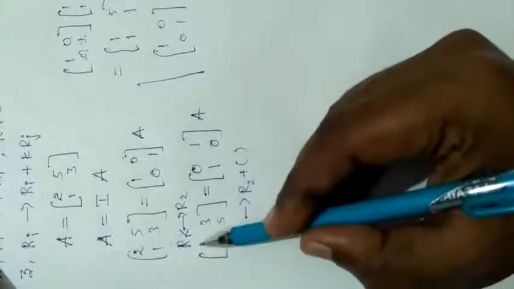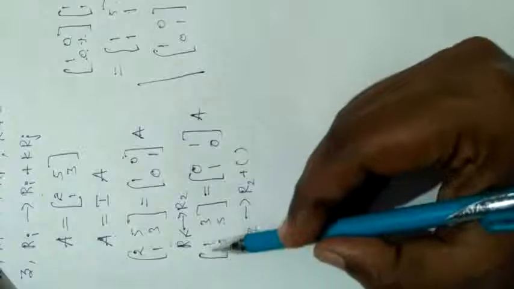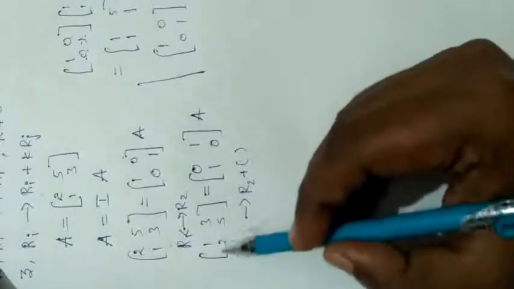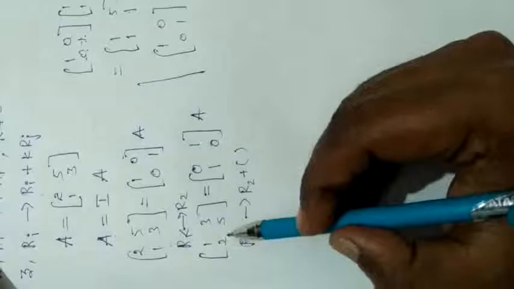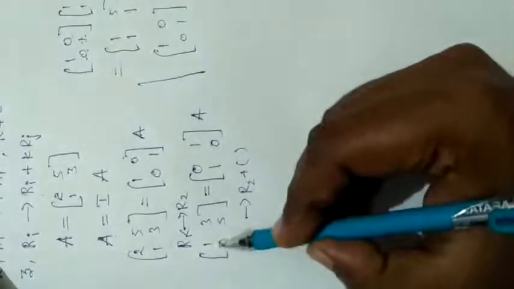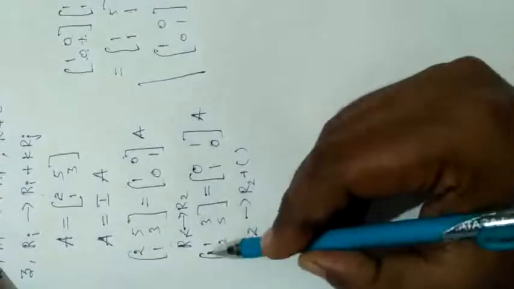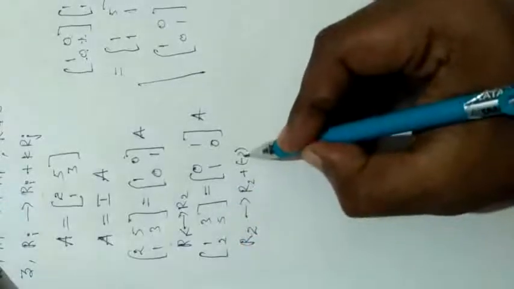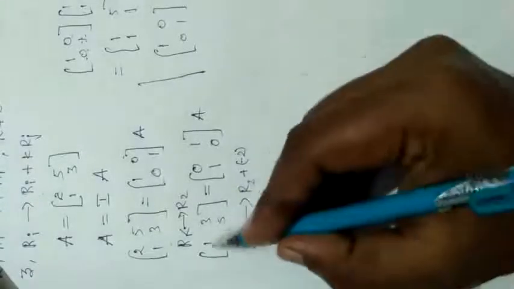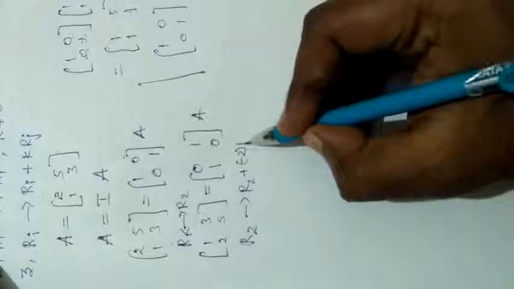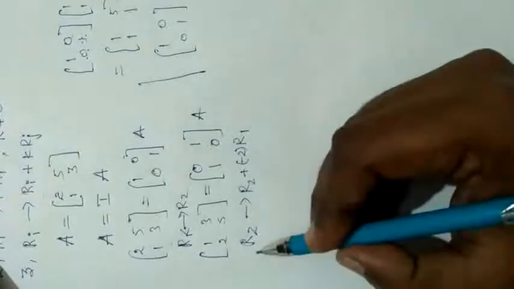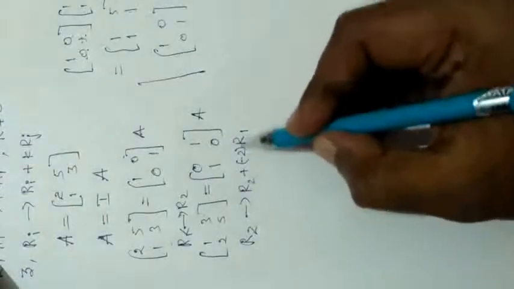That element you have to make it -2, and if you add it with this one, it becomes 0, correct? So you multiply this one by -2, then only this element will become -2, that is -2 times R1. So row 2 tends to row 2 - 2 times R1, correct?